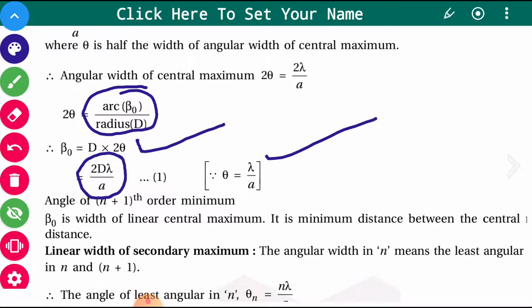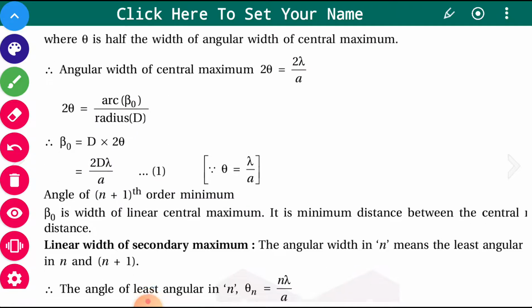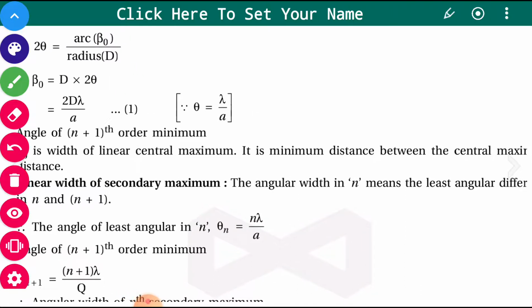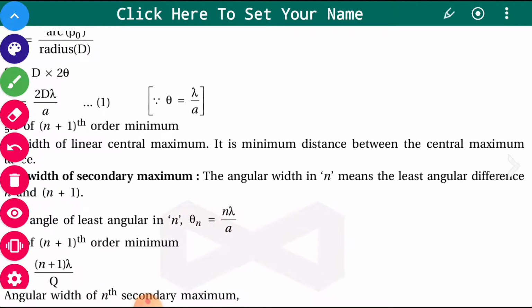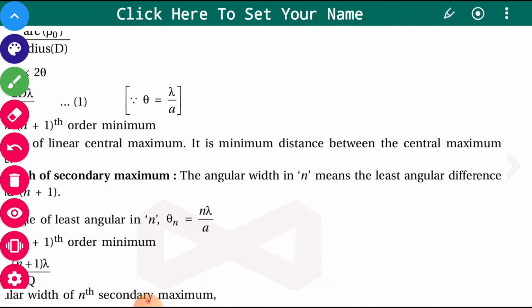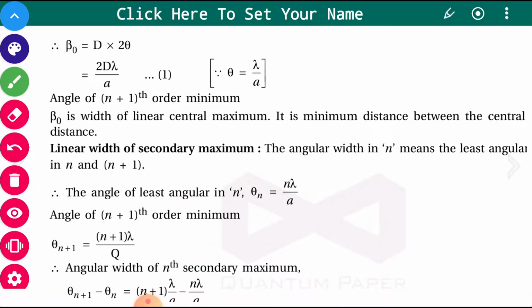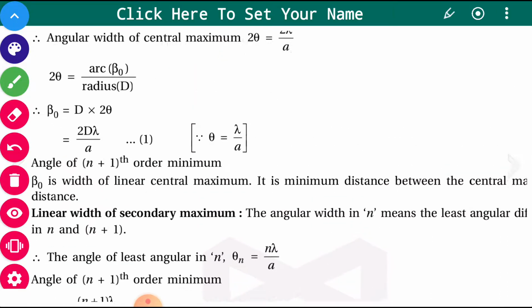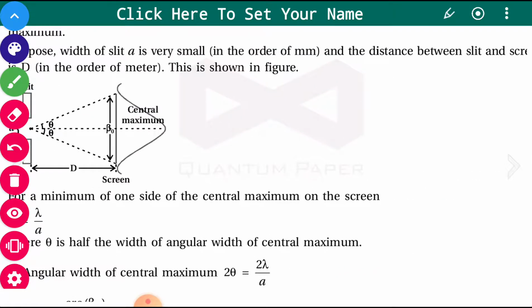Now beta 0 is the width of the linear central maximum. It is the distance between the two minima, that is the first minima on either side. If you try to understand, these are the two minima, and the distance between these two minima will give you the width of the central maximum.